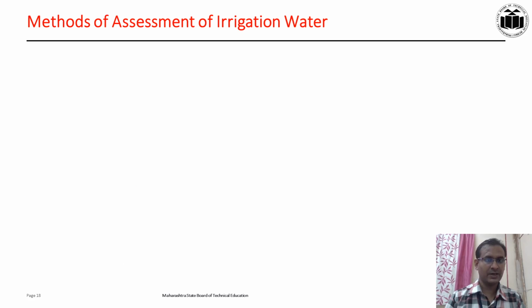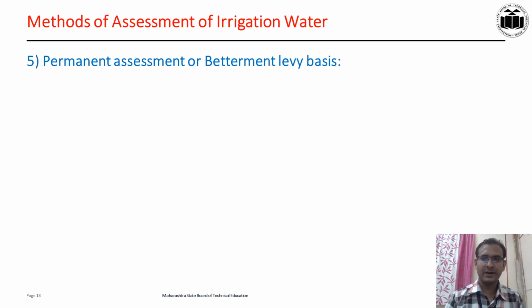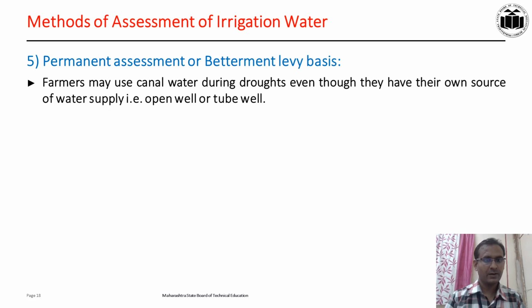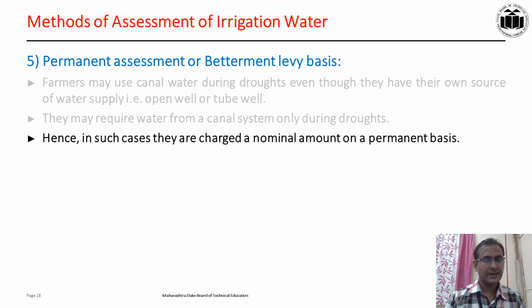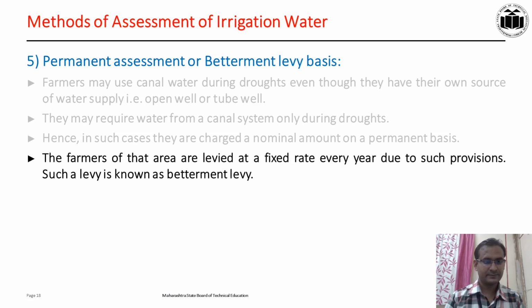The next method of the assessment is permanent assessment or betterment levy basis. Farmers may use canal water during droughts even though they have their own source of water supply, that is open well or tube well. They may require water from the canal system only during droughts. Hence, in such cases, they are charged a nominal amount on a permanent basis.